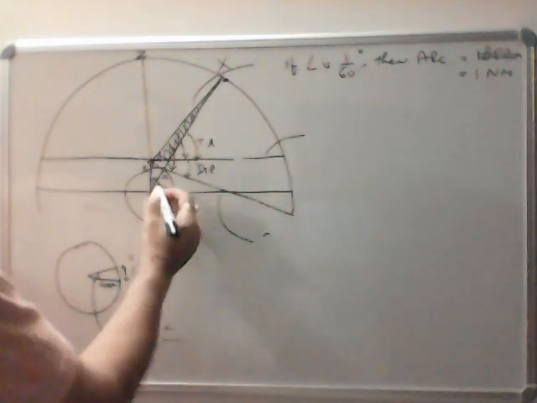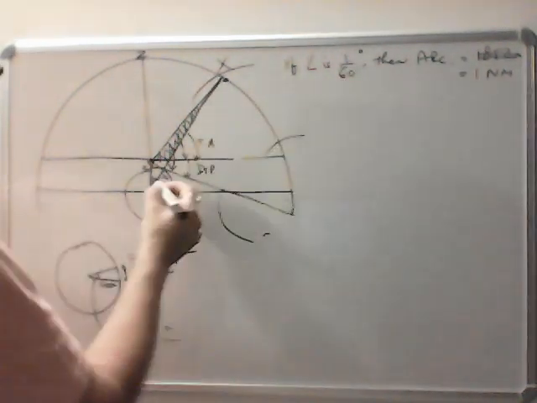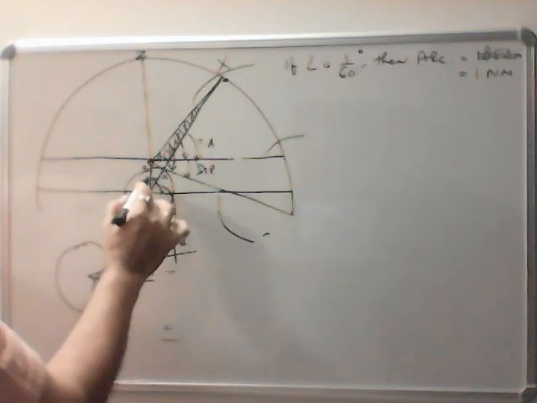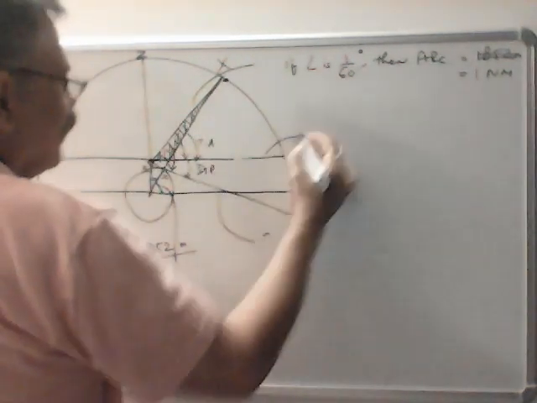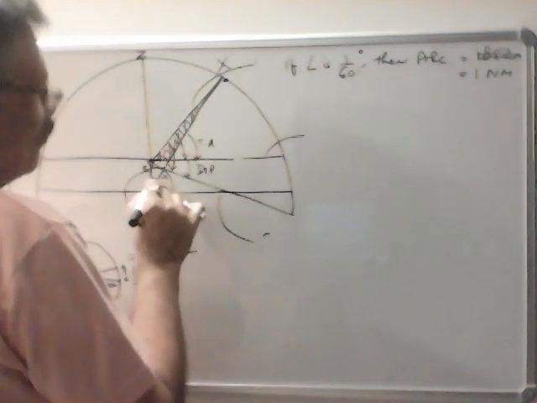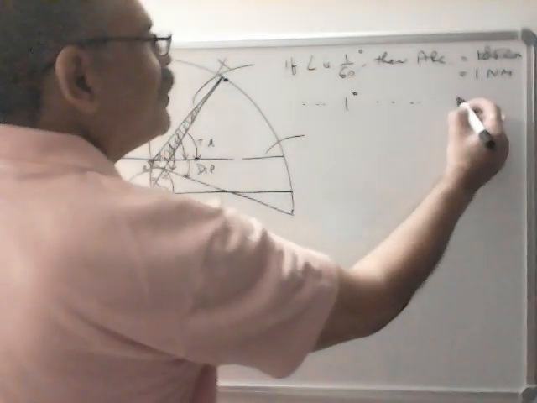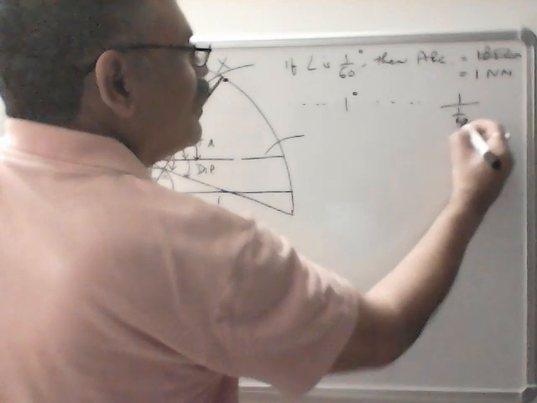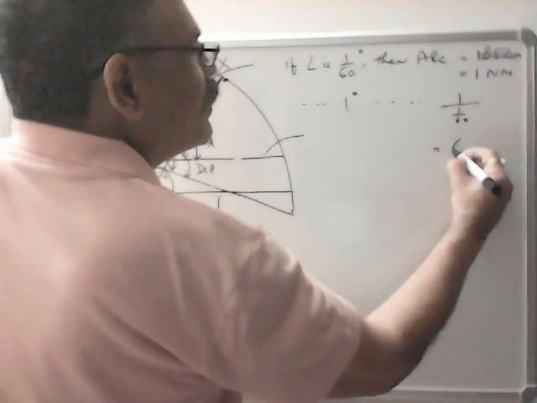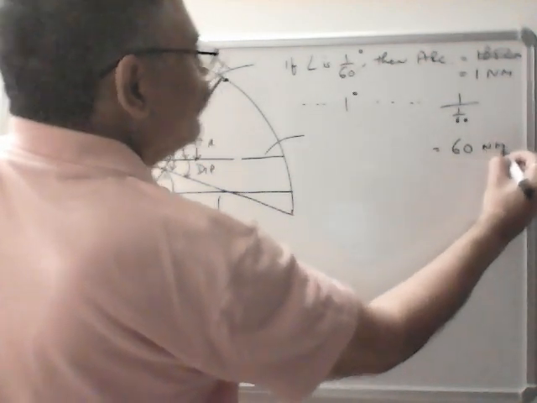But just now we saw that this angle is not 1 upon 60 here. Here it is 1 upon 60, but this angle is more. This was 40, this was 50. So if this angle is 1 degree, the length of the arc is 60 nautical miles.